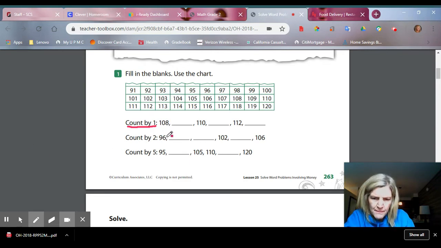What are you starting with when you're counting by 1 in this one? You're starting with the number 108. 108, what comes after 108? You find 108 in the chart if you don't know for sure. There's 108 right there. What comes after 108? 109, you write it in. What comes after 109?